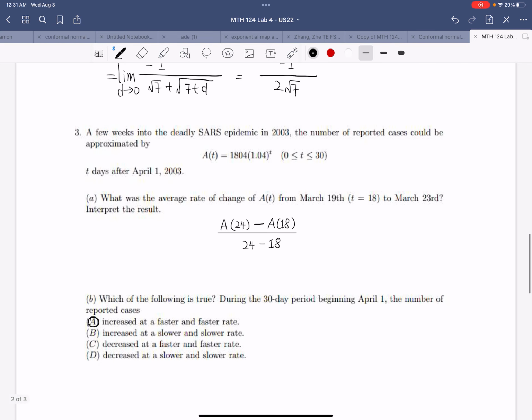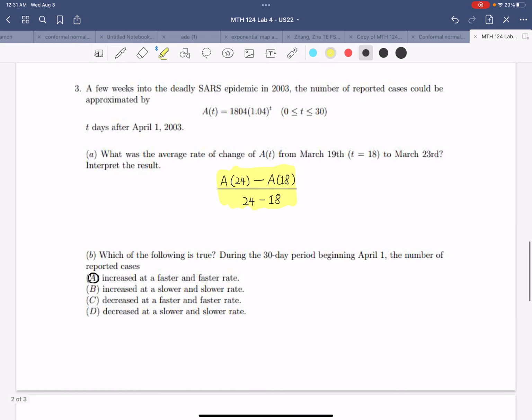The third question gives us an exponential function. The first part asks about the average rate of change, and you just calculate it with this formula here. That's the average rate of change formula, okay? The second part asks how the derivative changes.